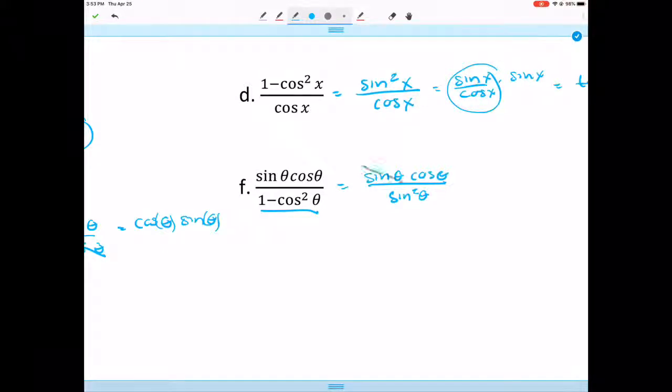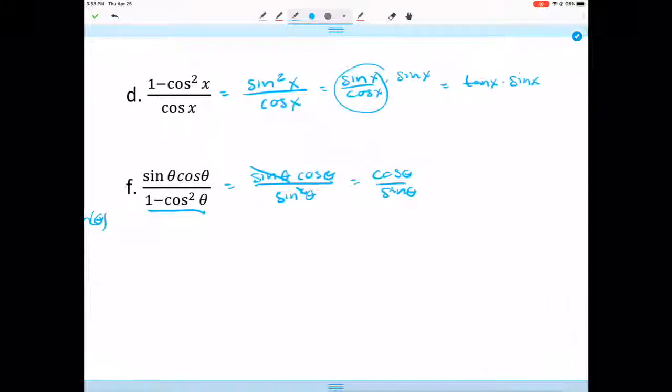So we could cancel out the sine and one of the sines in the bottom, and that could give us cosine theta over sine theta. That's like the opposite of tangent, so that could also be 1 over tangent of theta. But like I said, this isn't my favorite.